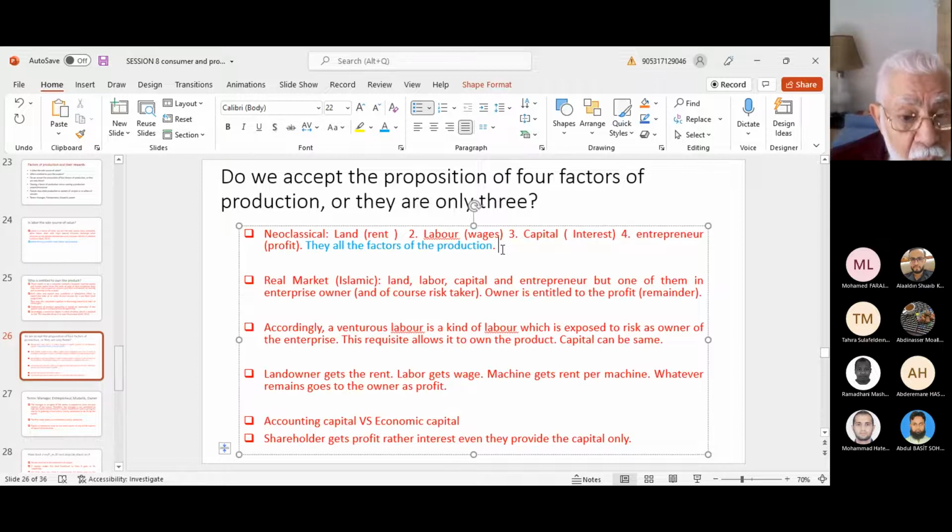So now the owner in this case is the provider of the financial capital or accounting capital, right? The owner is not the provider of the economic capital, because the economic capital means the machine. He is not the owner, but the owner is the provider of the financial capital.